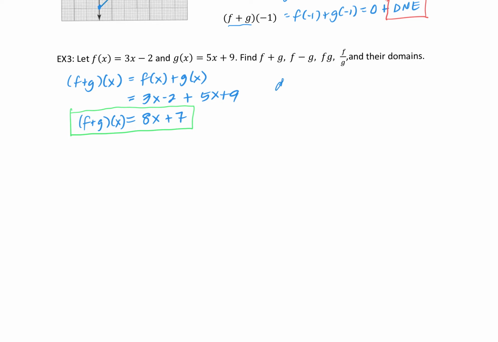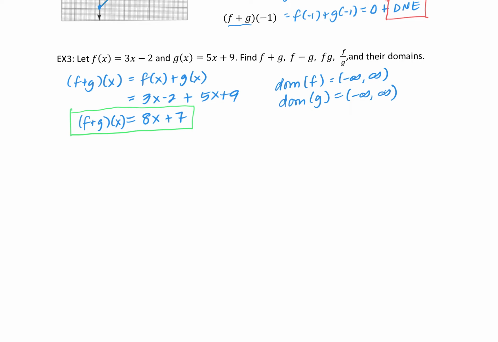So I could see that the domain of my function f is negative infinity to positive infinity. And the same thing for g of x. If you replace g of x with y, you have y equal to 5x plus 9, which is a line, and it has the same domain. Negative infinity to positive infinity.